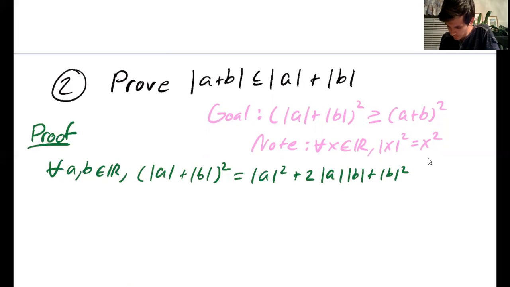Which is going to be equal to A squared, because that's why I noted this right here, A squared plus 2AB plus B squared. Again, same thing.